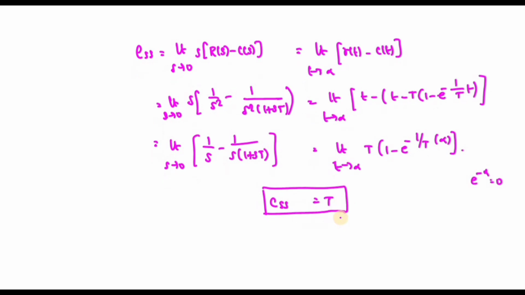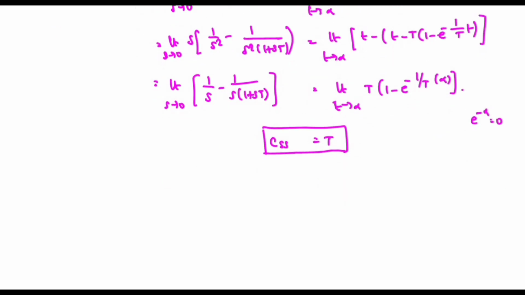Okay, so what it represents is this is my r of t, r of t with respect to t. Since it is a ramp signal, it will be like this. If I plot c of t, my response has to be like this. If r of t is like this, this is my input signal, the c of t must follow like this.